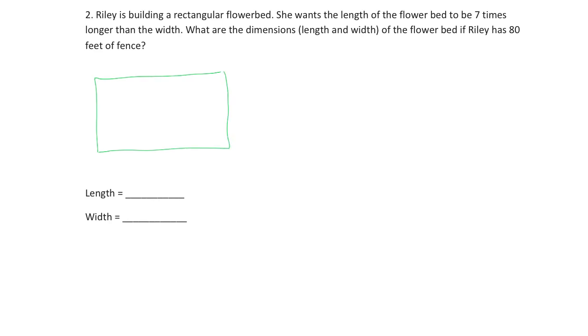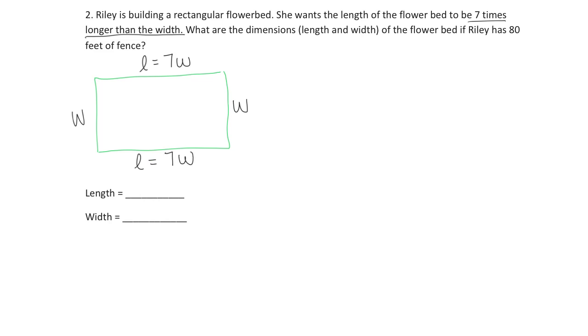For a rectangle, we know that we have our widths and our lengths. And in our problem, it tells us that she wants the length to be 7 times longer than the width. So we know that the length is going to equal 7w.